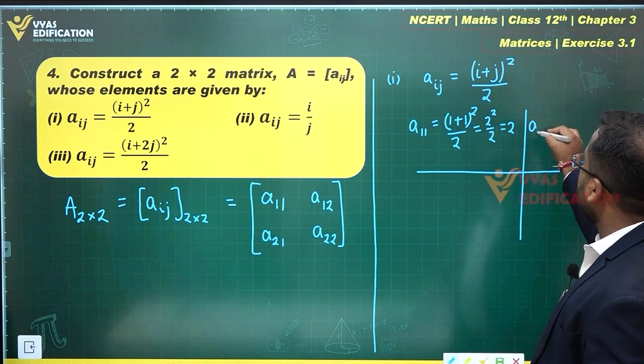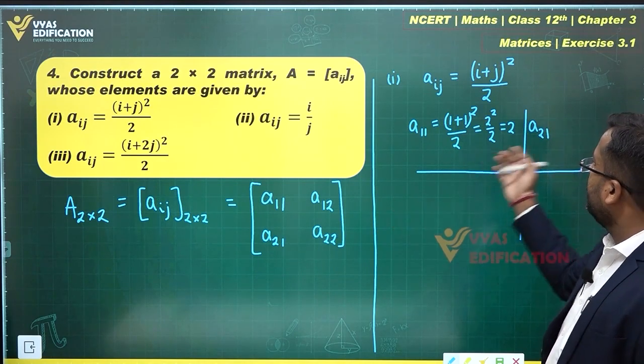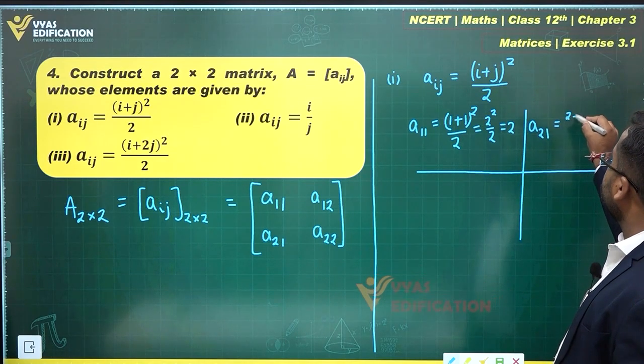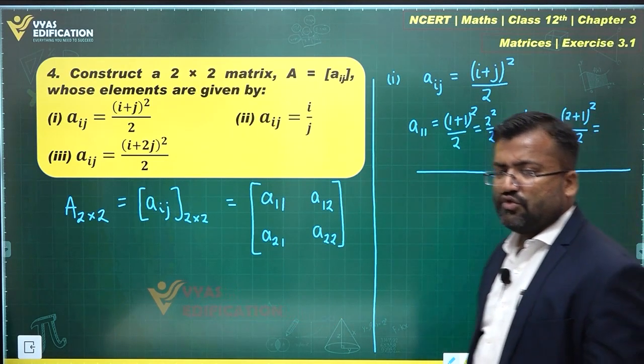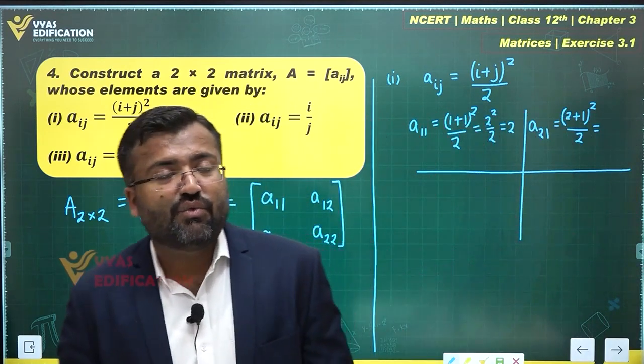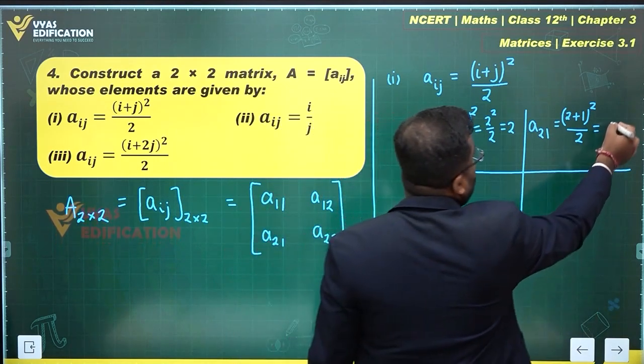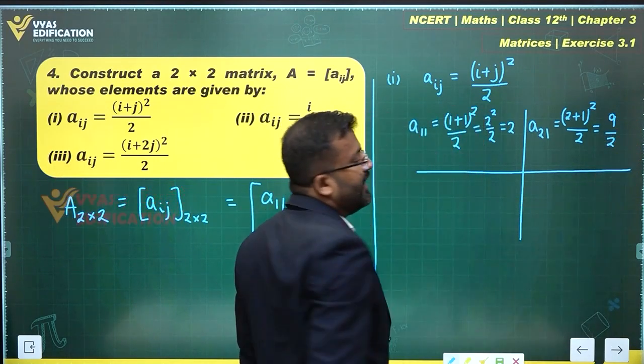What about A21? A21 is (2 plus 1) whole square by 2. This 2 plus 1 is 3. 3 square is 9, divided by 2.